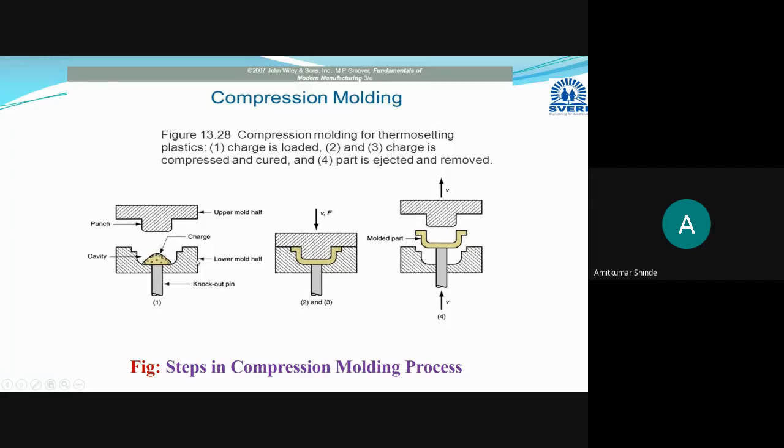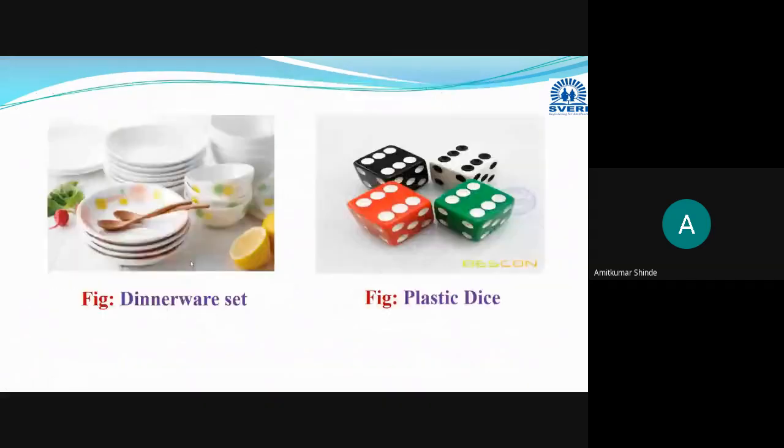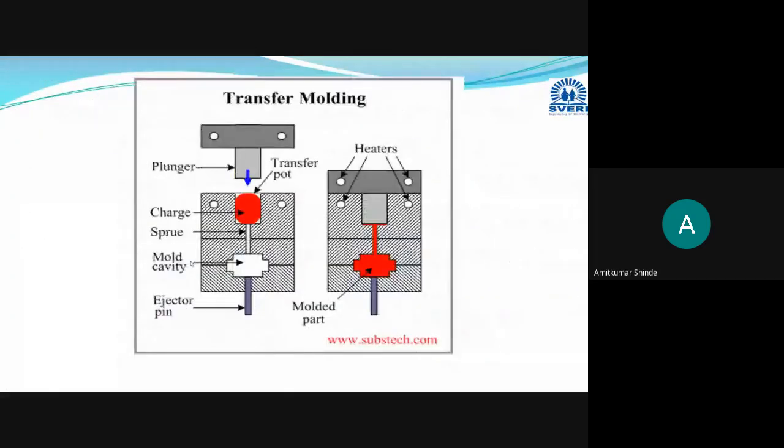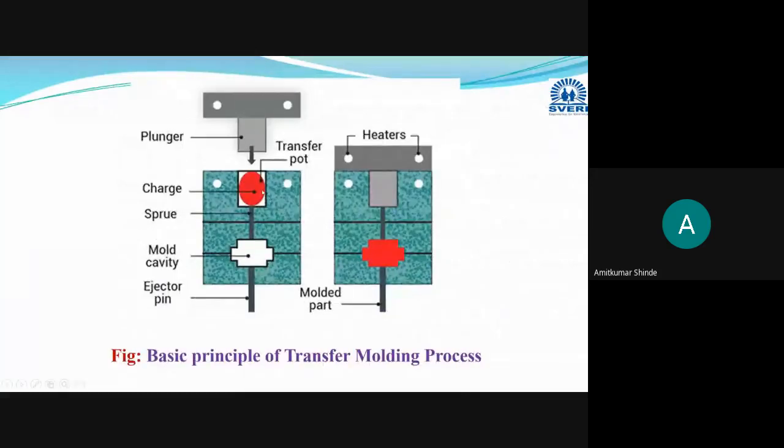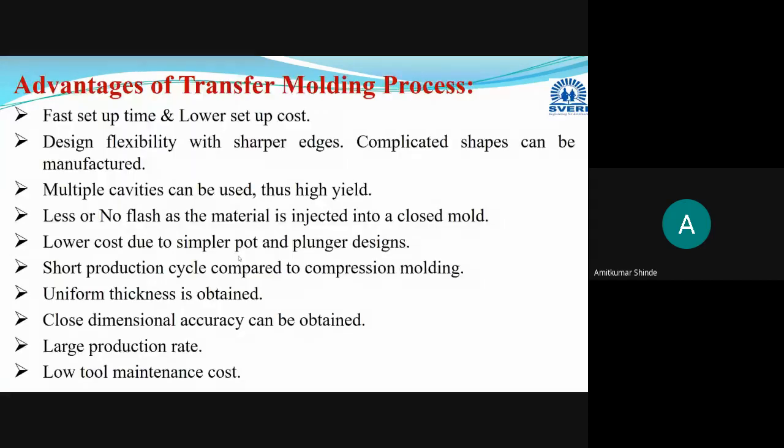But in transfer molding, as we are performing the heating in a separate chamber and the mold cavity is separate, any kind of complex or intricate shape can easily be manufactured here. This is a very good advantage in case of design. As far as the use of transfer molding is concerned, you can give various shapes.